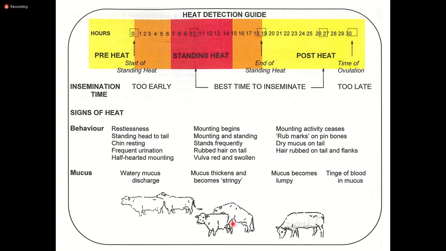So these are the signals. You can see sometimes these animals try to go to another animal and mount on that animal, or the animal lets other animals mount on its body, right? So that's the main thing. So you observe, this is a heat detection guide with the basic things that we discussed.